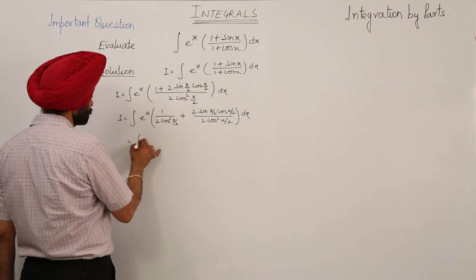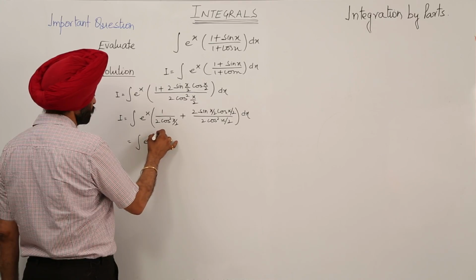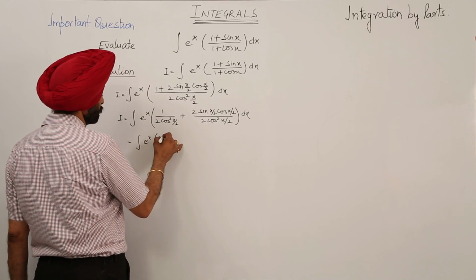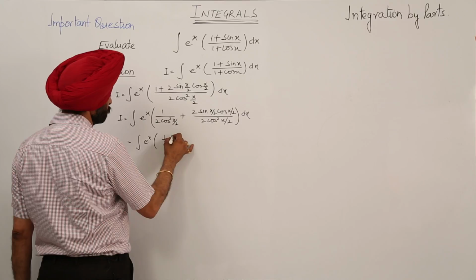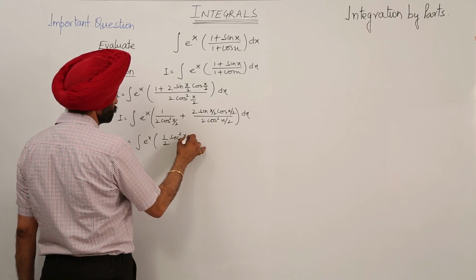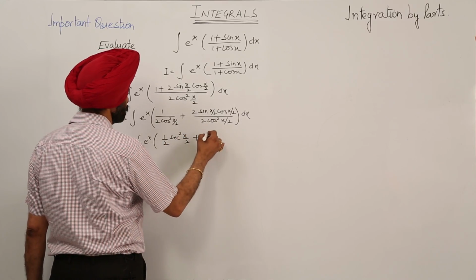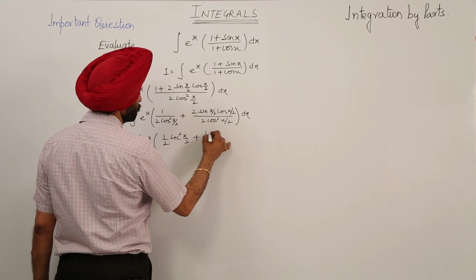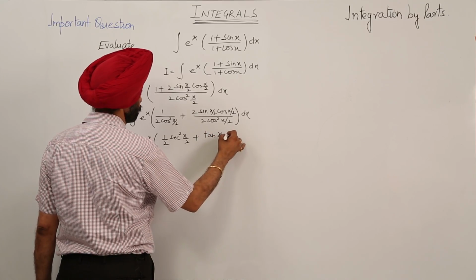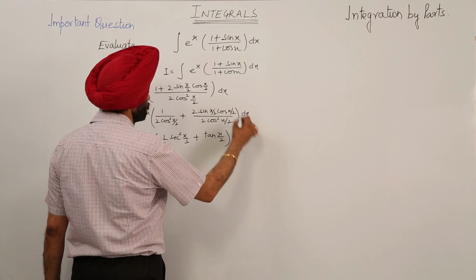Now this becomes e raised to power x, 1 upon 2, secant square x by 2 plus tan x by 2, dx.